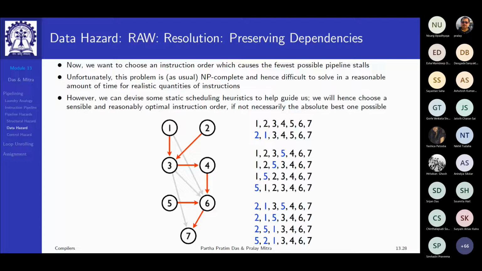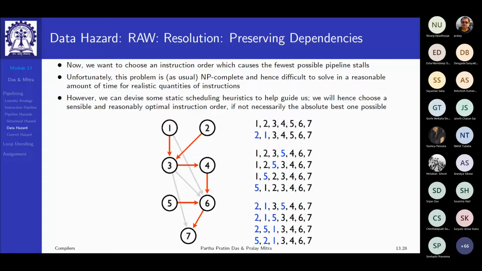Each one of them is a viable instruction schedule, and we have to find the value of our objective function and pick the one that minimizes it.